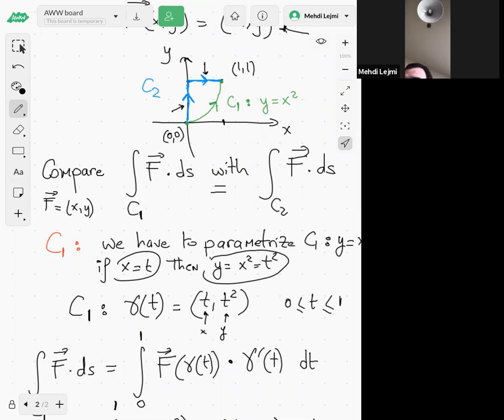Because we have to check this for any choice of path, not just these two. That's of course really hard, but we'll see a theorem that will allow us to check if your f has a path-independent line integral. Anyway, guys, I'm going to stop here, and I'll continue with this conservative vector field next time.